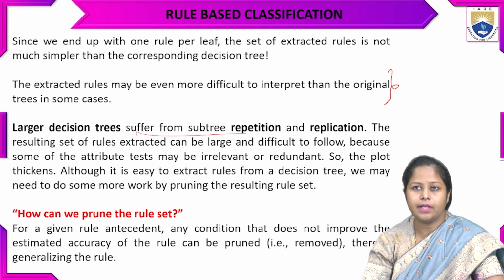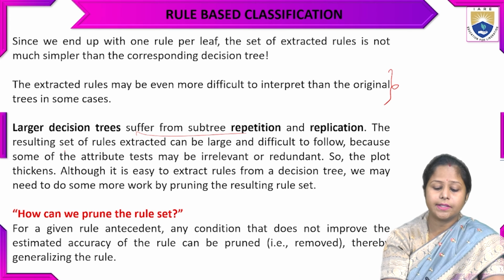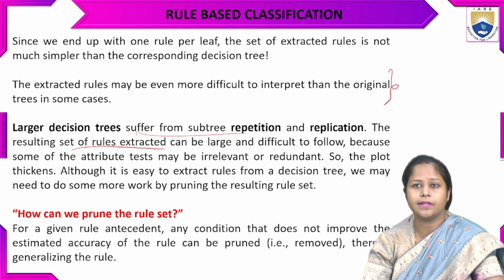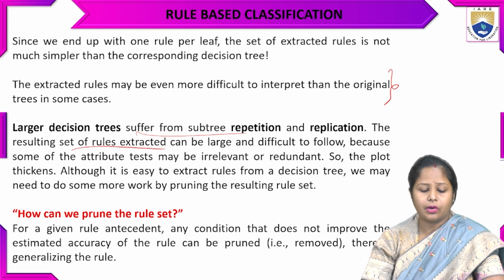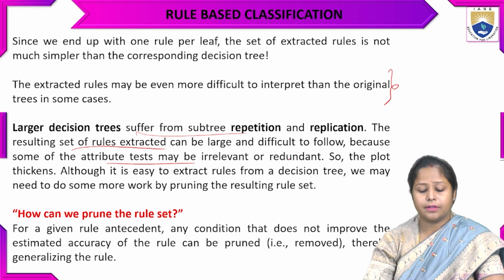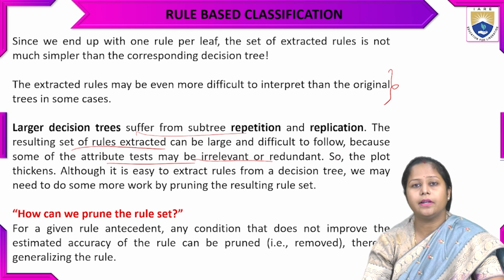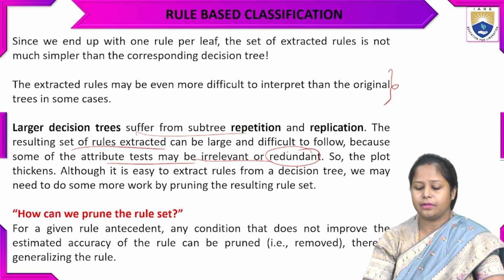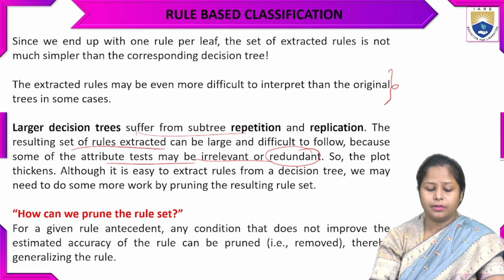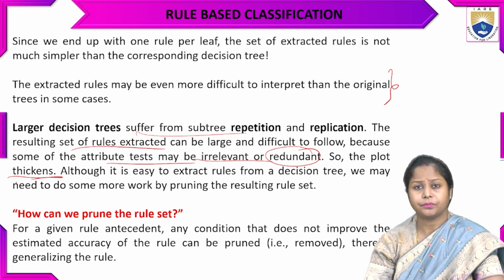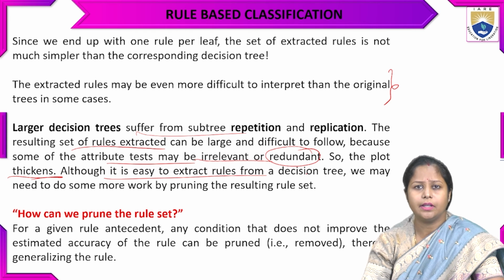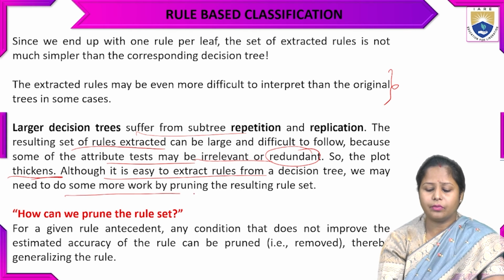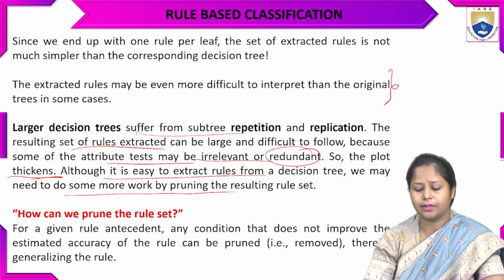The resulting set of rules can be large and difficult to follow, because some attribute tests may be irrelevant or redundant because of the larger data set. Although it is easy to extract rules from the decision tree, we may need to do some more work by pruning the resulting rule set.